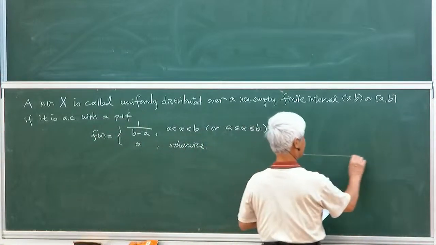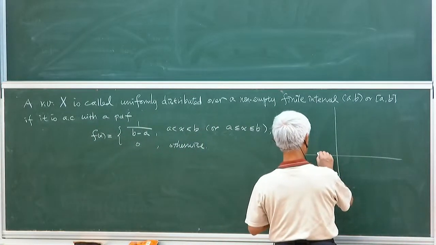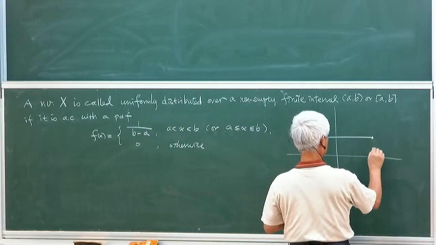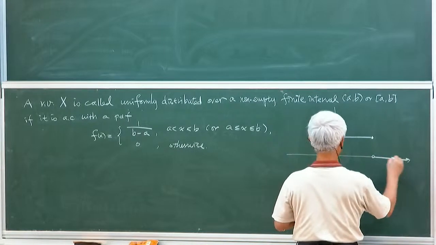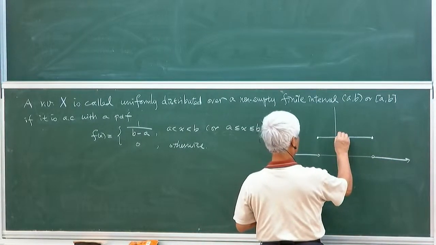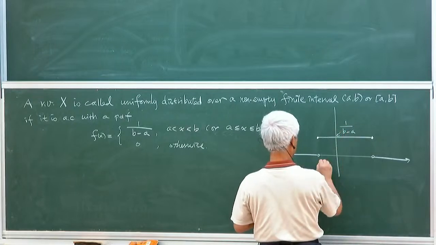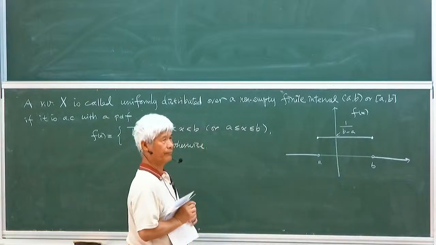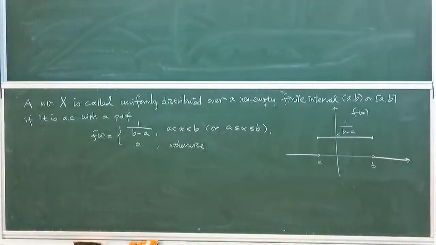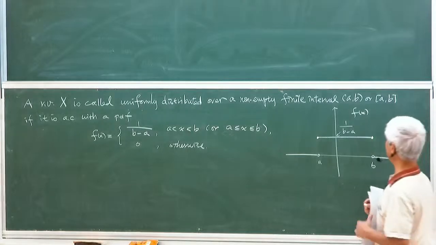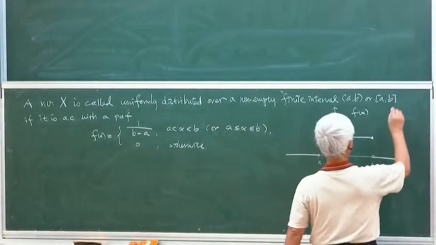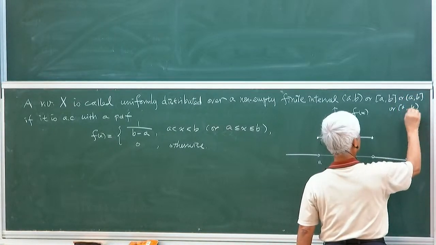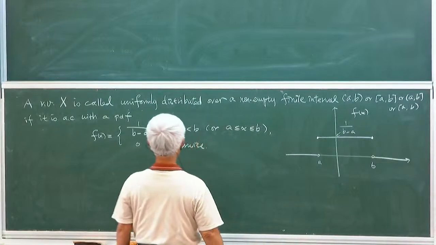So the PDF looks like this, and this point is 1 over b minus a.